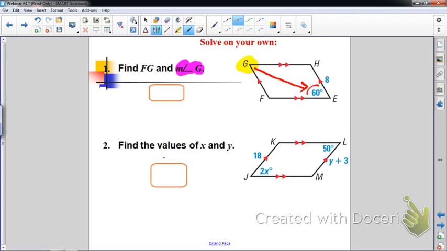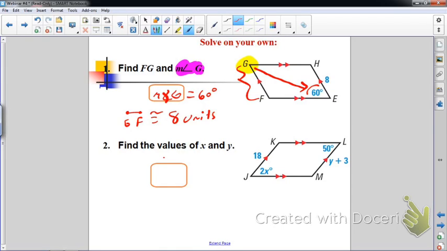So angle G is congruent to 60 degrees. I also want to know exactly what the line segment GF is, and remember what Theorem 8.3 told us: opposite sides are congruent, so I know that the line segment GF is congruent to 8 units.